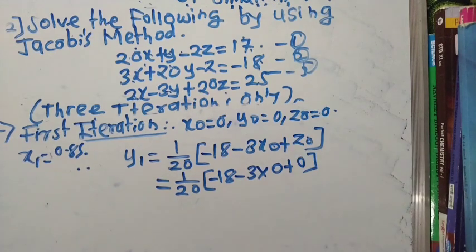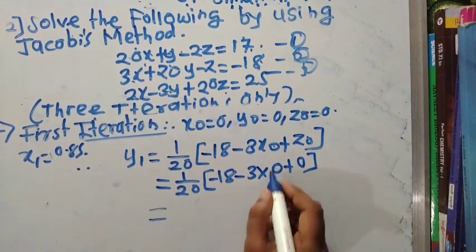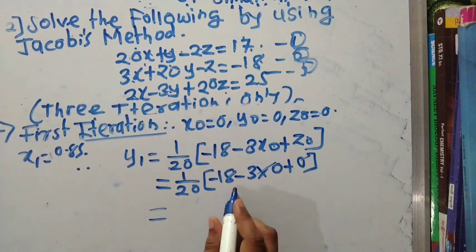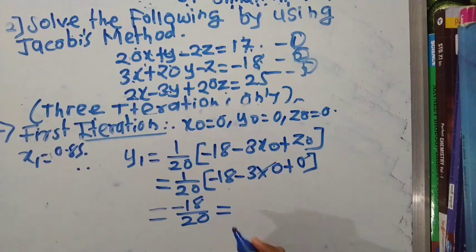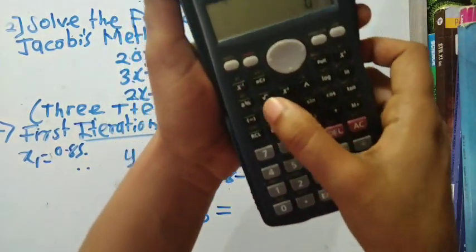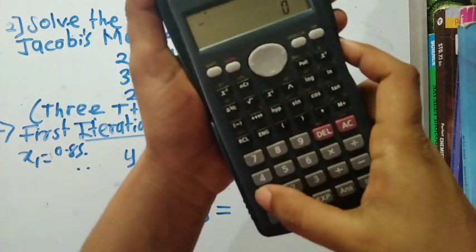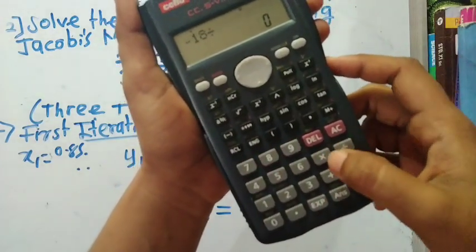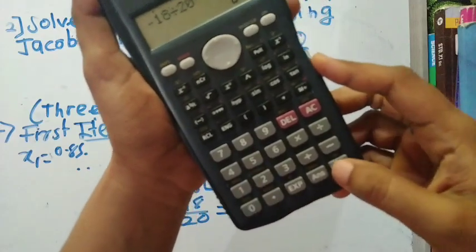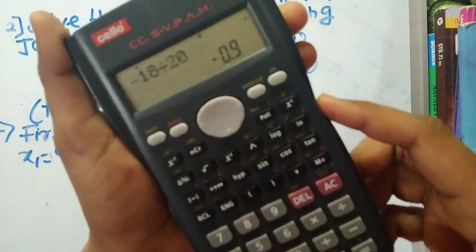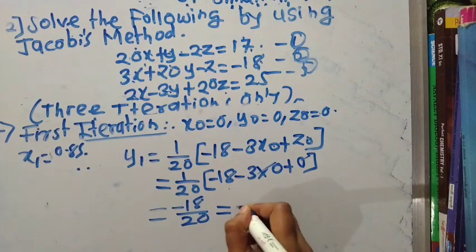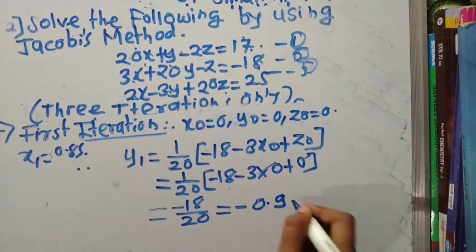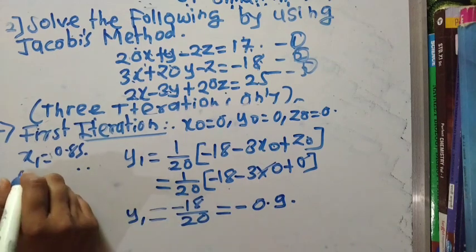Z0 is 0, so these 0 and 0 cancel. Then minus 18 divided by 20, which is equal to minus 0.9. These are the y1.